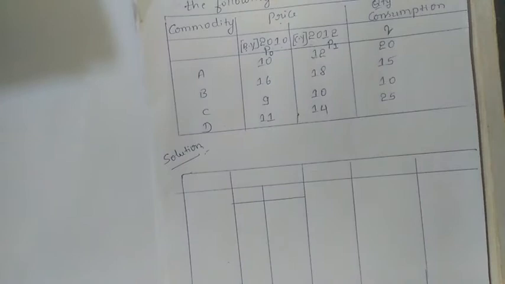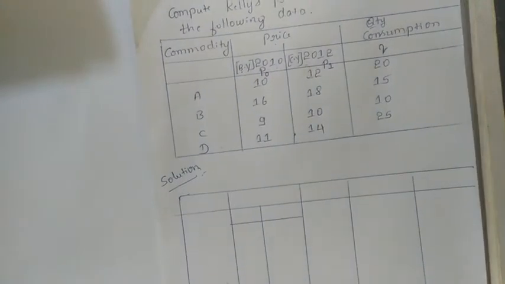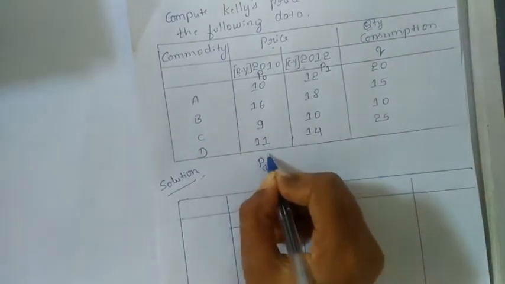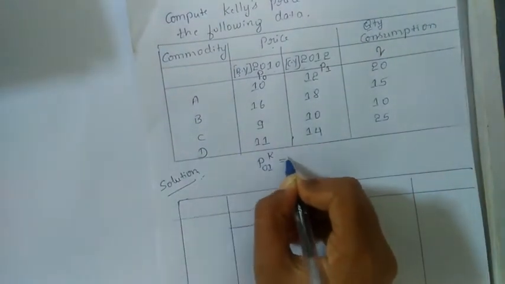Next step is, what is the formula for calculating Kelly's price index number? For the calculation of Kelly's price index number, that is P naught 1 K. K is nothing but Kelly's.